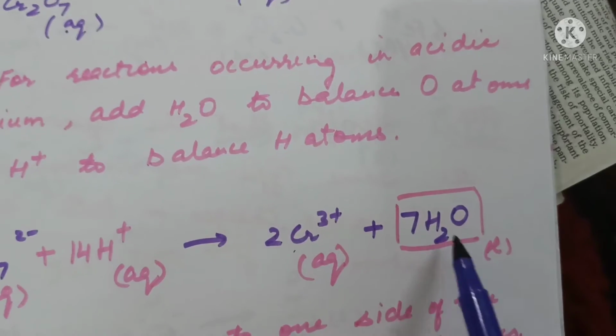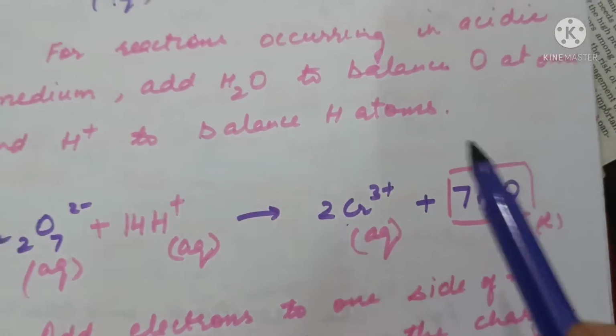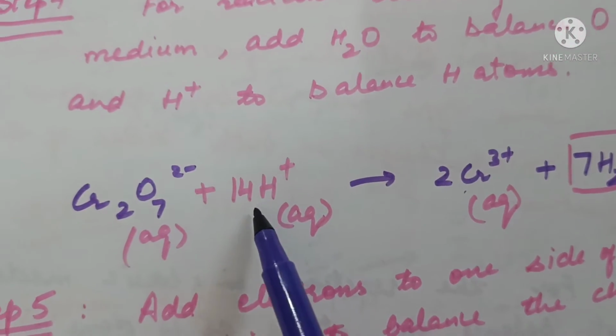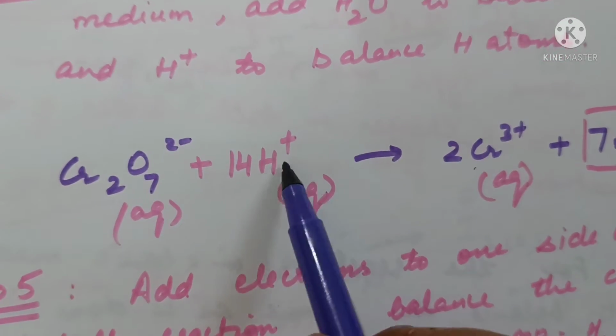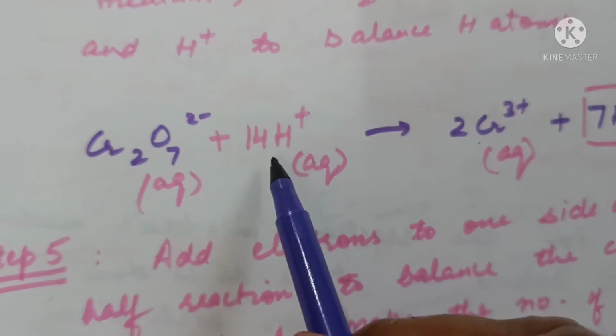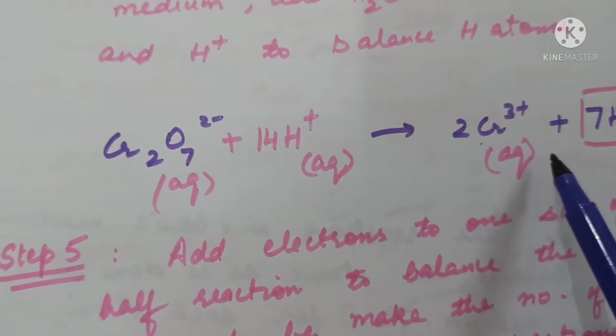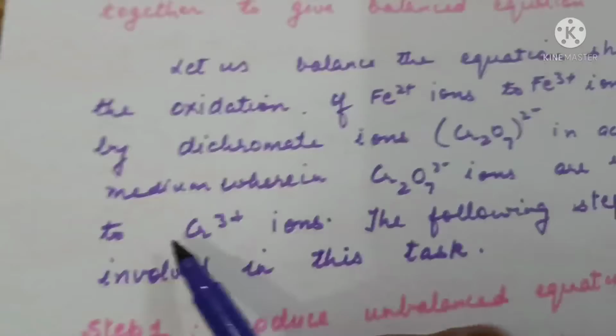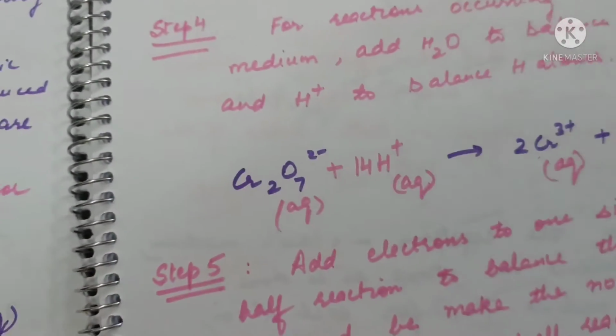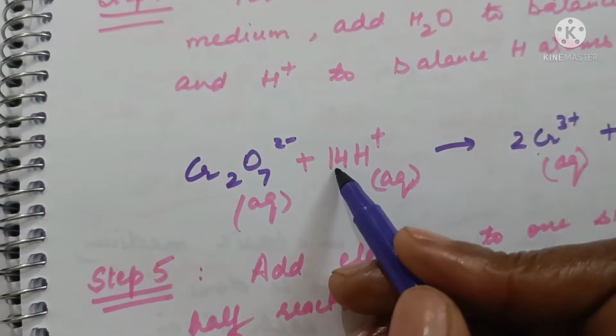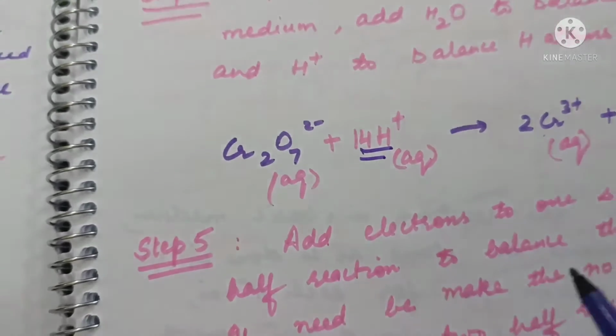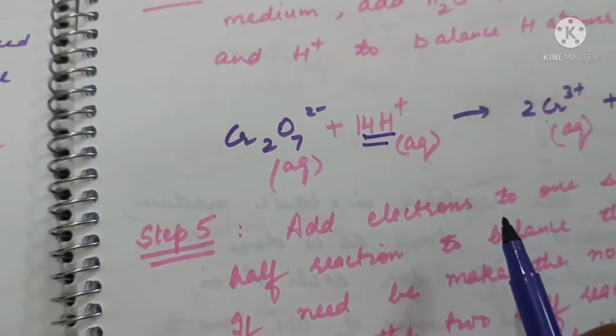Now, to balance the number of hydrogen atoms, we will add an equal number of H+ ions to the side deficient in hydrogen, because this reaction is taking place in acidic medium. The rules are separate for acidic medium and basic medium.